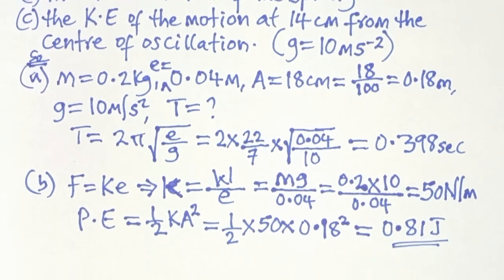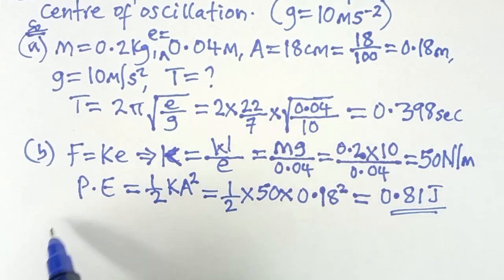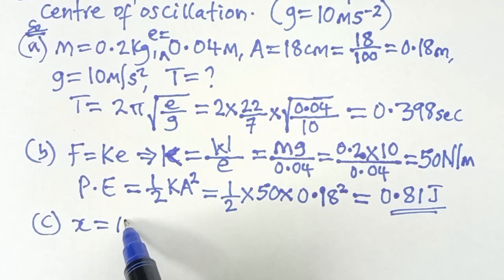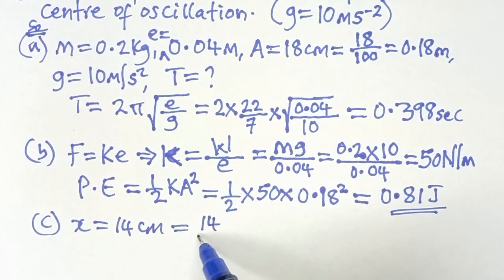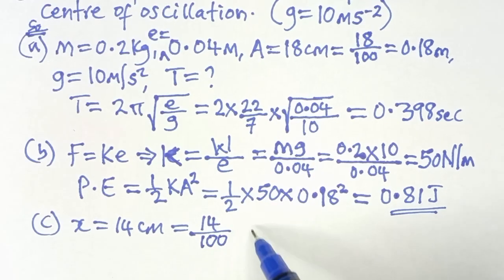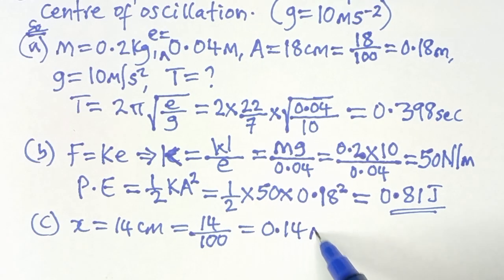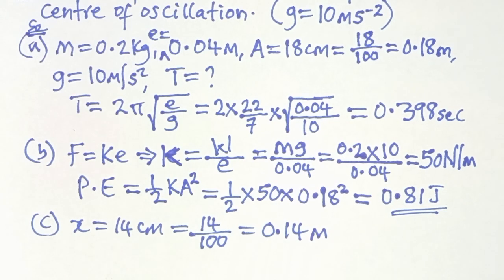So in this case, I can start by writing our x. Let me write our x as 14 centimeter, which is equals to convert centimeter to meter, we divide by 100, and that will give us 0.14 meter. So our x is 0.14 meter.